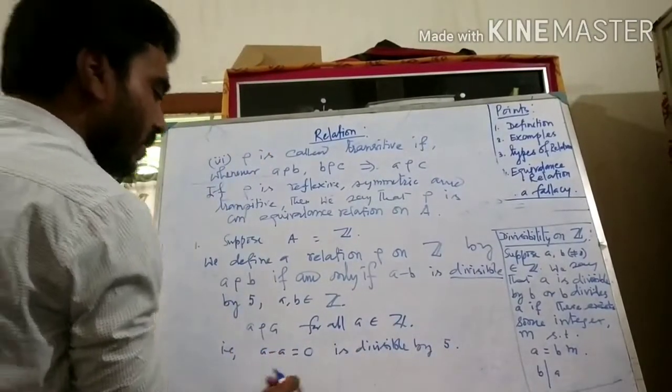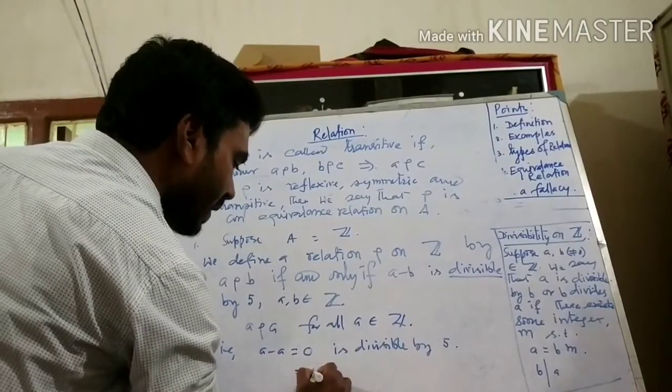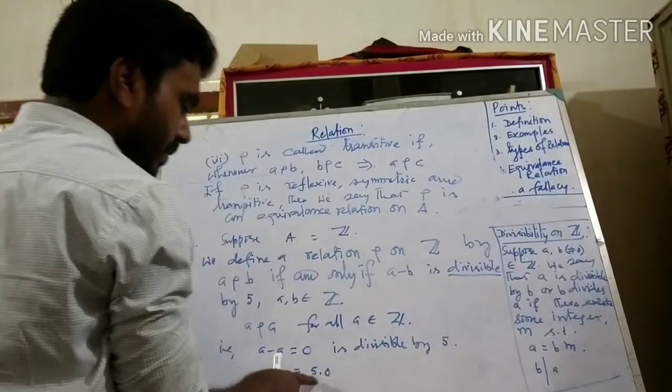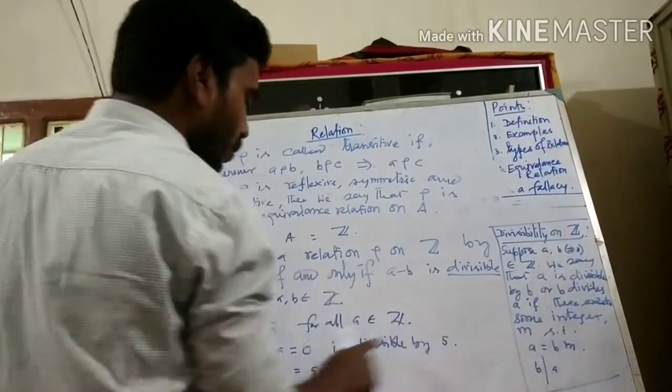This is clear because it can be written as 5 into 0, so n is 0.